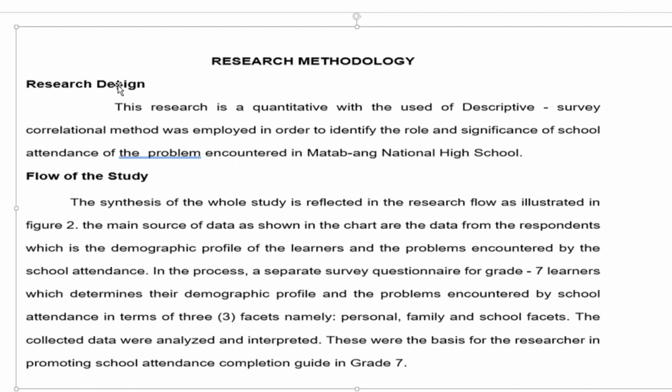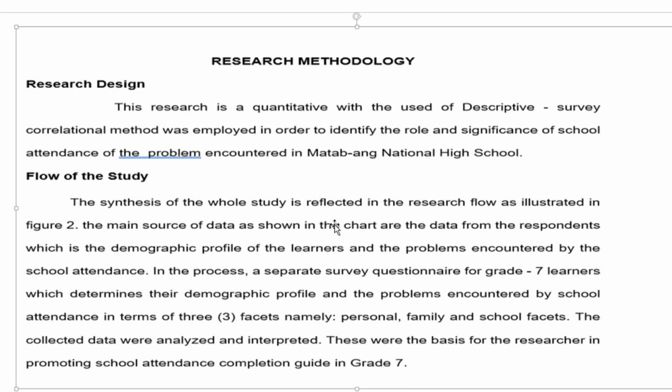So in research design, nakastate po dito kung ano ang ginamit natin. Unang-una po natin makita kung ito ay quantitative or qualitative research at kung anong disenyo ang ginamit natin or instrumento. Ang ginamit sa research na ito ay descriptive survey correlational method.